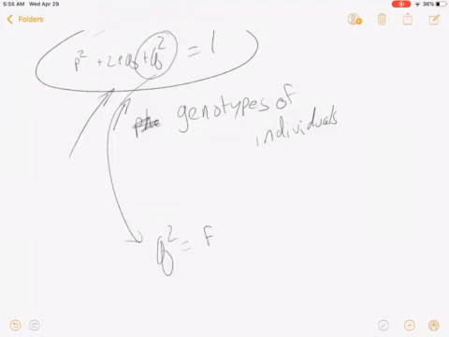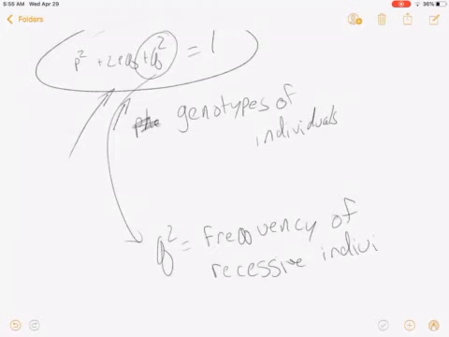That's the frequency, or how often we see recessive individuals. Put a star here for yourself on your paper, because this is where we start our equation. These are the big guys, because they're the only ones that stick out when I look at a population.